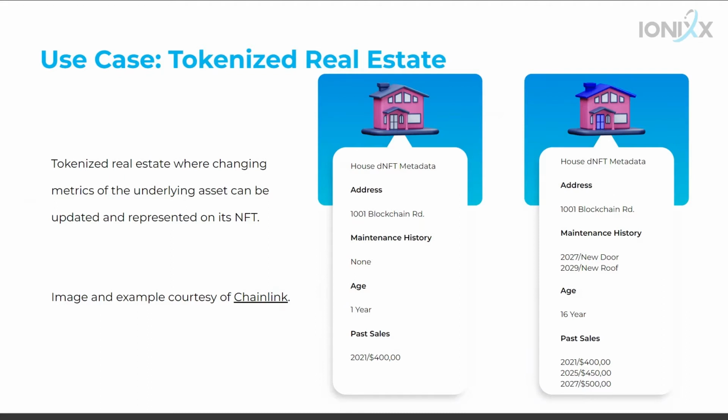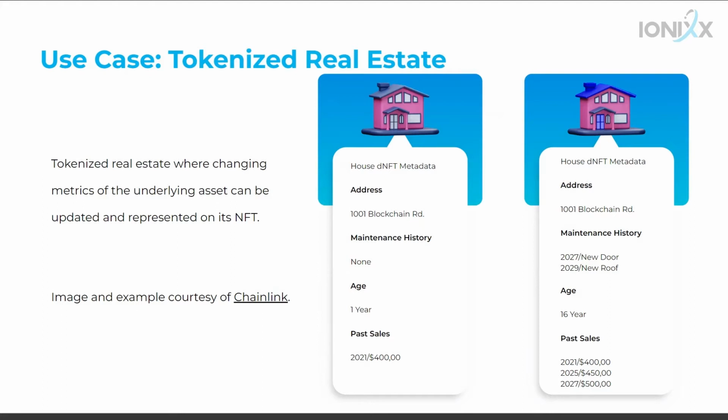So in the house dNFT metadata, it includes the address, the maintenance history, which is none at this point because the house is new, the age of the house, which is 1 year, and it's been sold in 2021 for $400,000. For some reason we're missing a zero, but anyway. And then in the next example, 16 years later, the maintenance history has been updated.